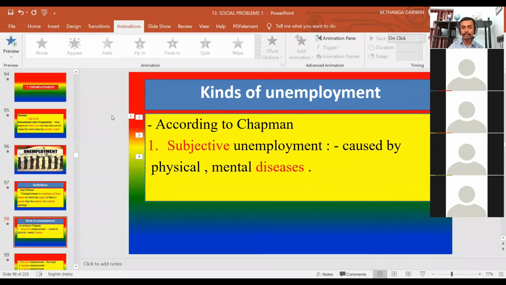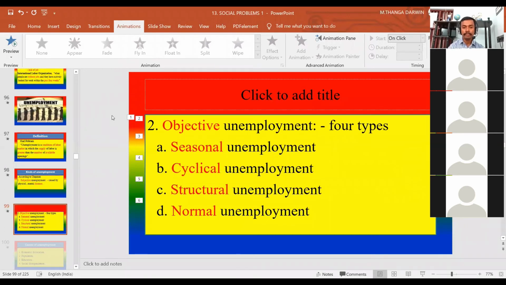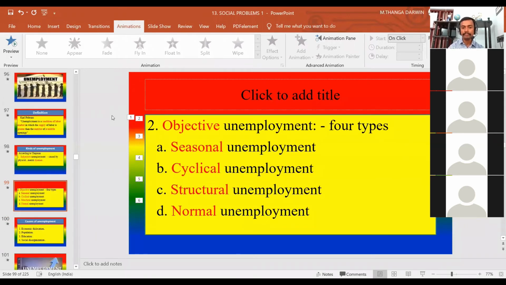Types or kinds of unemployment: subject to unemployment due to diseases; objective unemployment divided into seasonal. Seasonal means, for example, in summer there is no employment for agricultural workers or farmers.